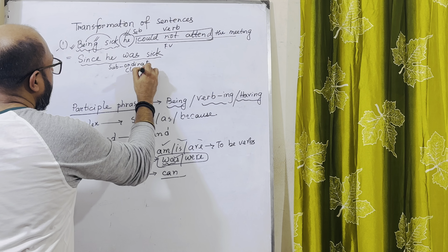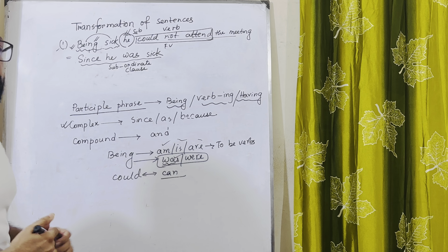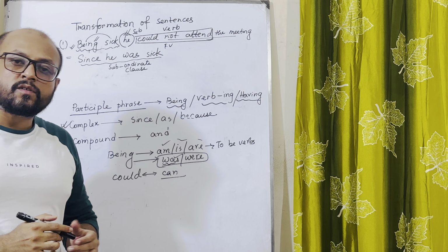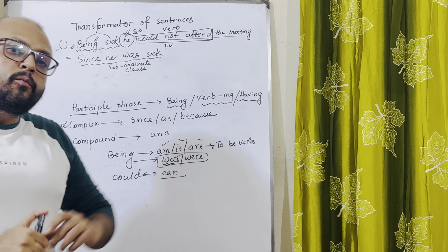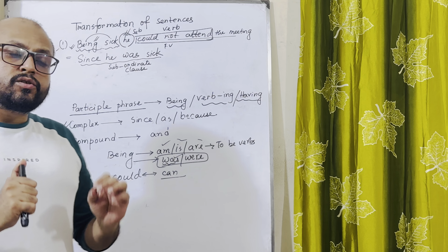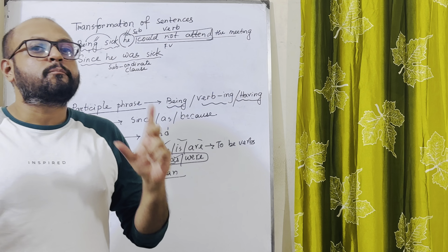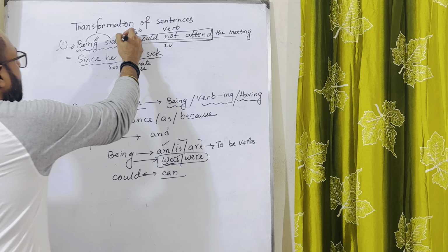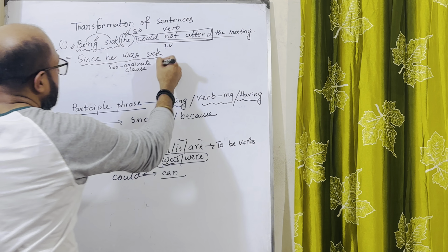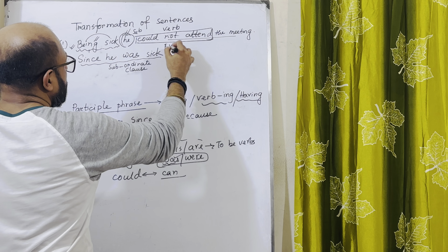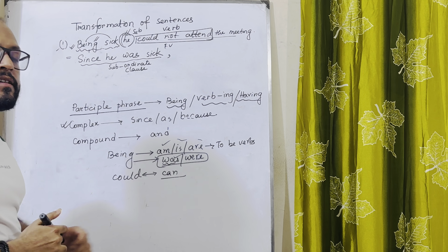Now what will be my main clause or principal clause? If you watched my earlier videos, I told you that the rest of the part having the subject and the main verb is my principal clause. So from he up to the end of the sentence, this will be my principal clause, and I will join this with a comma.